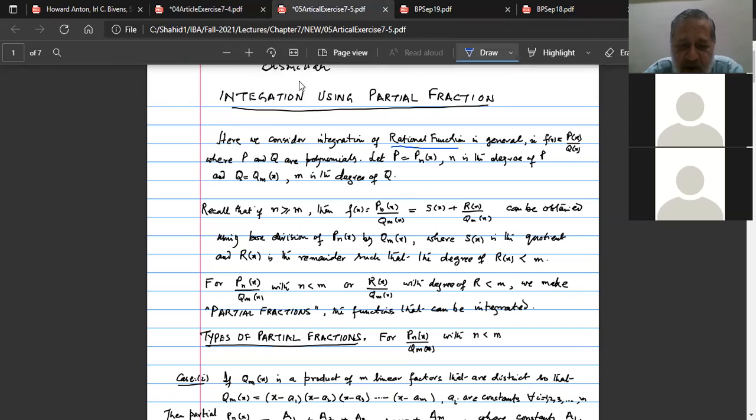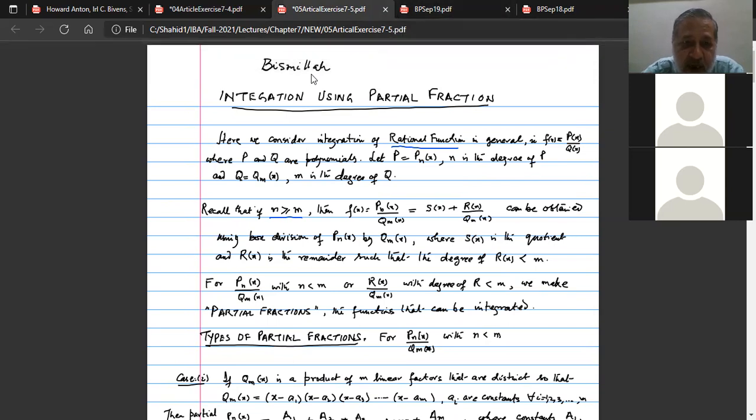So we have the rational function Pn(x) upon Qm(x). Now what I've written here, that this can be reduced to this. In what case? When the degree of the numerator is larger and the degree of the denominator is smaller. I demonstrate this by an example. Note that the degree of the numerator is greater than or equal to the degree of the denominator.